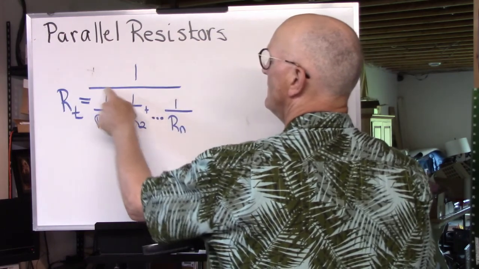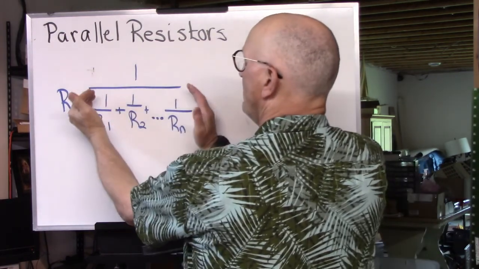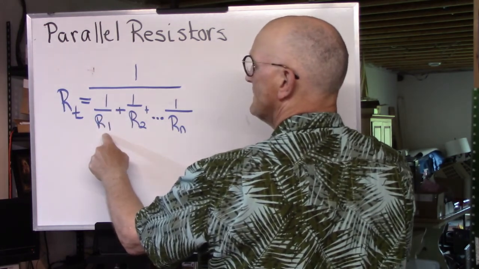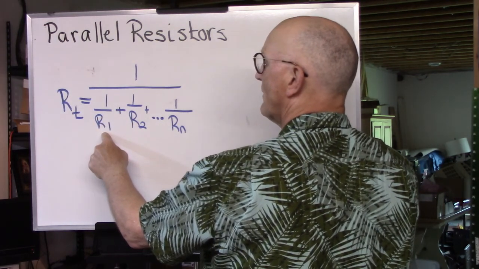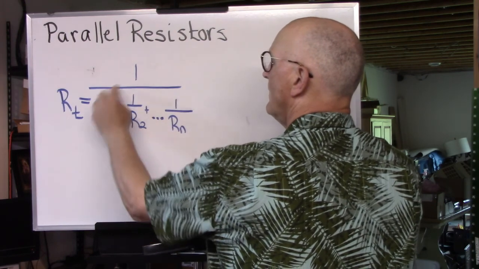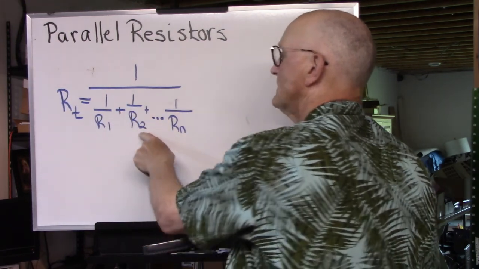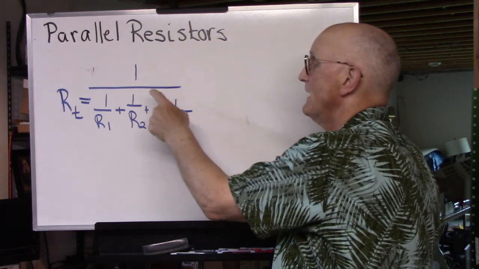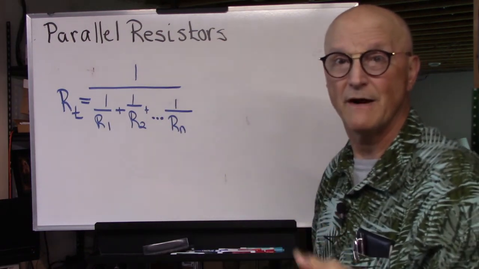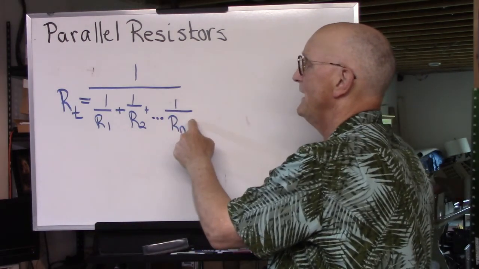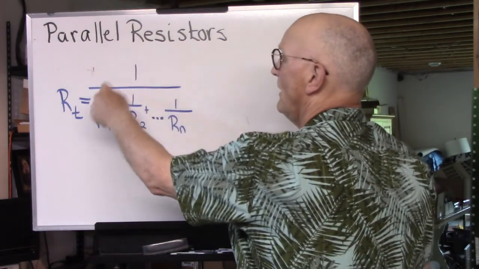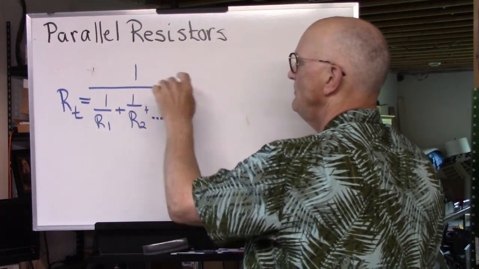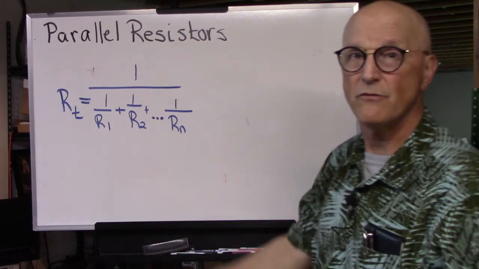It's 1 divided by 1 over R1, plus 1 over R2, plus R3, R4, R5, however many, up to your last resistor.